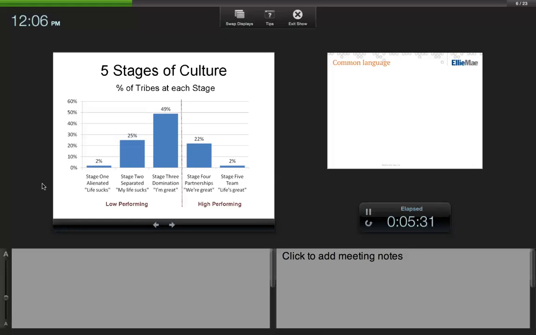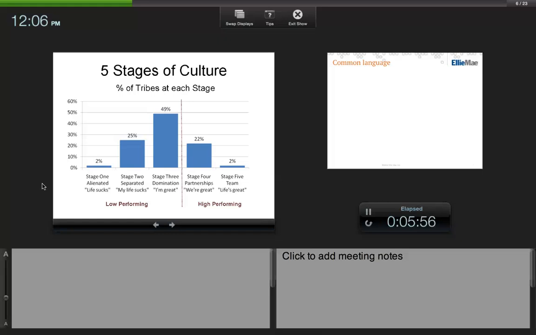There's domination being the key factor of this. And you know what? Most companies actually are formed with, or predominant teams here are, stage three. These are the low performing teams. High performing teams are built on partnerships and the idea that we are great. We are great.